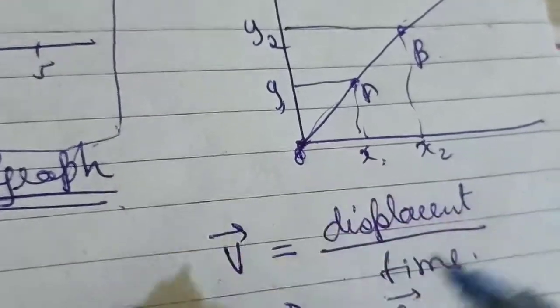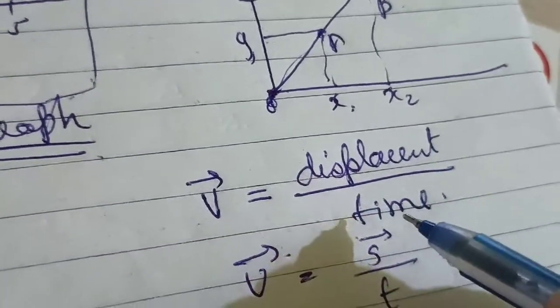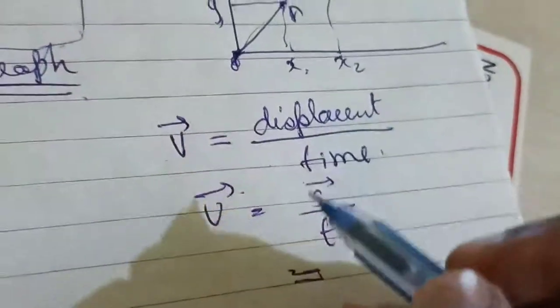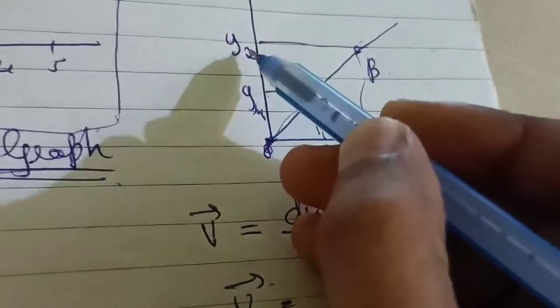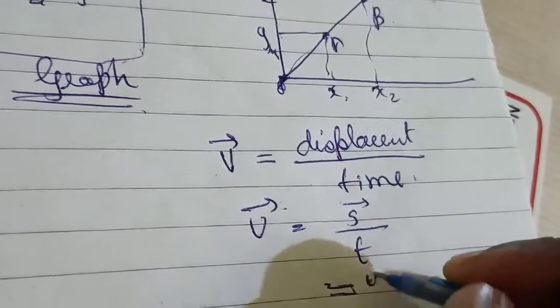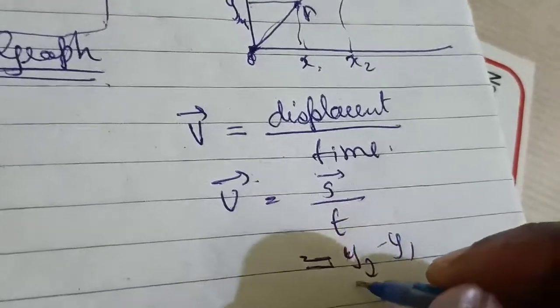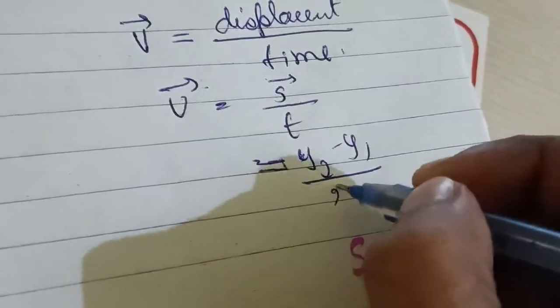So you know the velocity formula, that is displacement upon time. So what is the displacement here? If you see, y1 and y2. So you can write this displacement as y2 minus y1, upon what is the time? x2 minus x1.